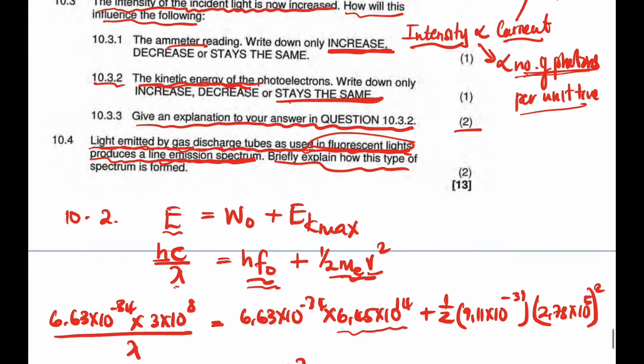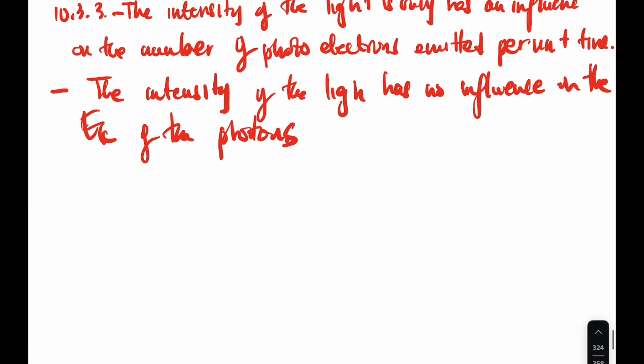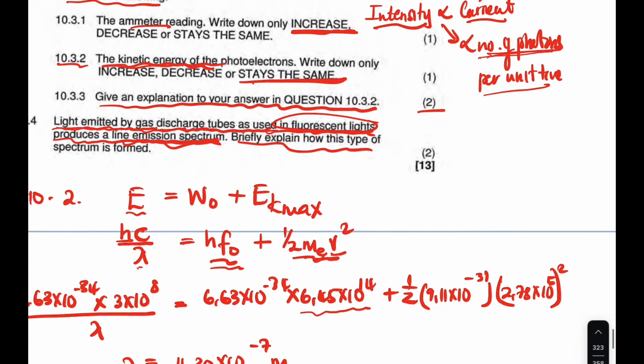So when the light is released, it's an emission line spectra, which is in 10.4. The emission line spectra is the key word here.